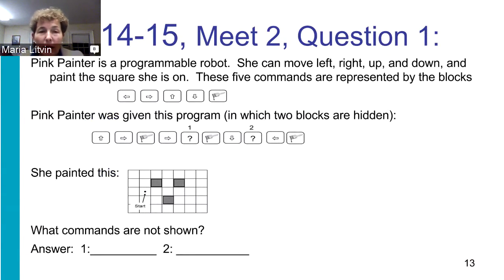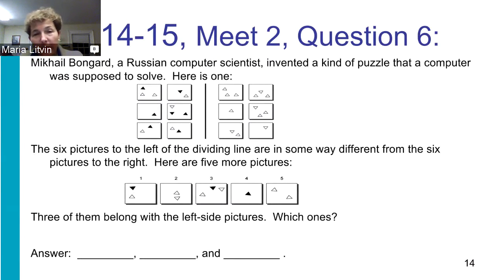Take a look at another kind of problem, the next one. These problems are interesting. As you see right now, it's kind of clear that all cards on the left of the divider have some feature that cards to the right of the divider don't have. And on the bottom, we have 5 pictures, and kids need to figure out which 3 out of those on the bottom belong on the left side.